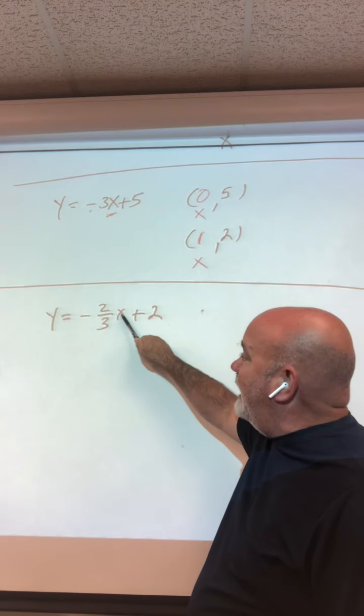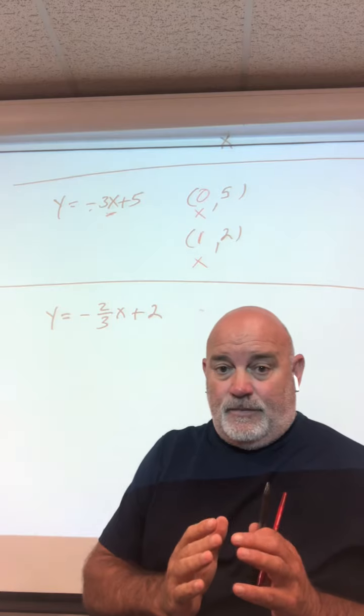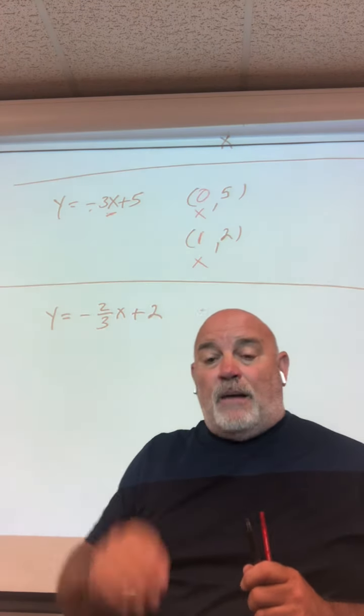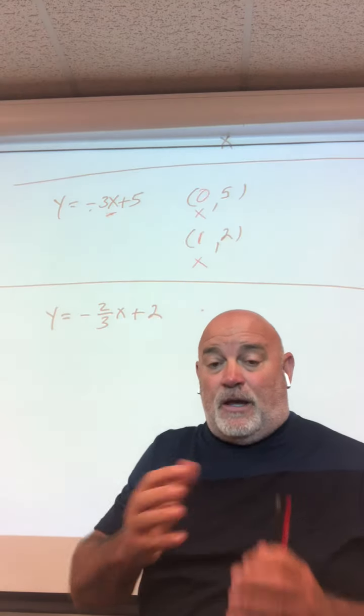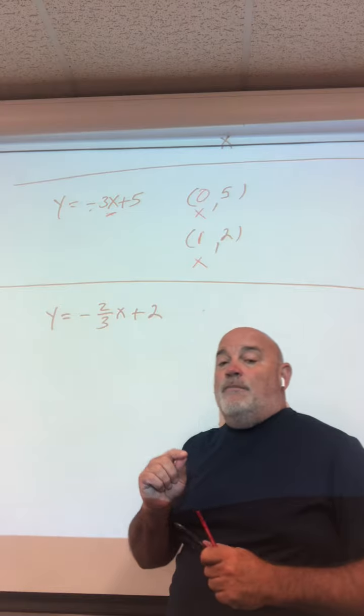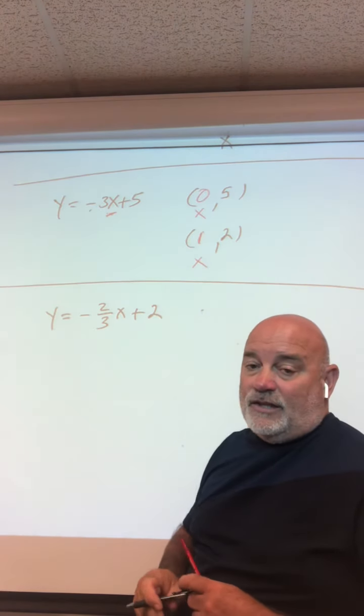But when you take negative 2/3 plus 2, you end up with a fraction. Is it wrong? No, it's not wrong. But the problem is you can't graph it in MyLabs Plus because it's a fractional answer. So what I want to do is show you how to avoid having to do fractions.